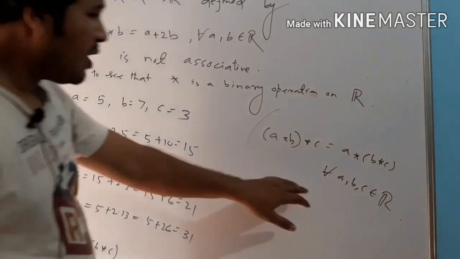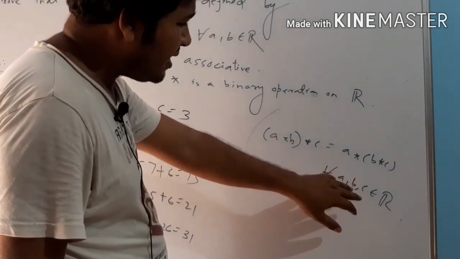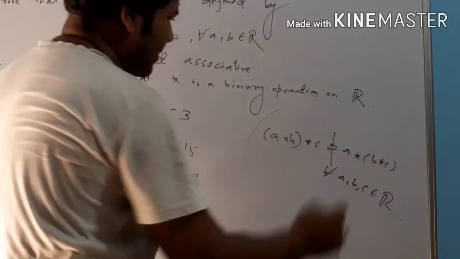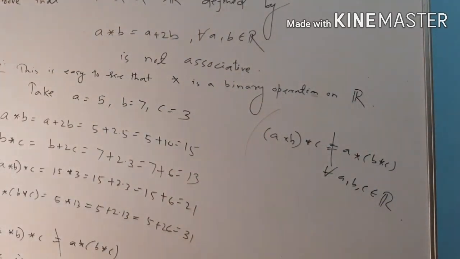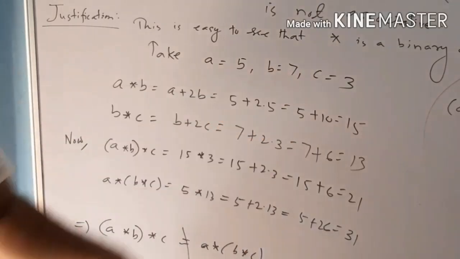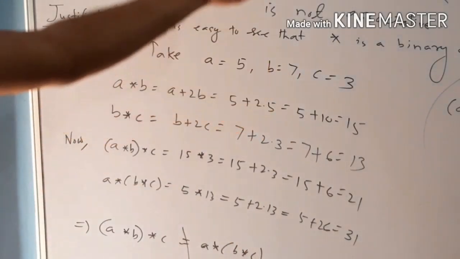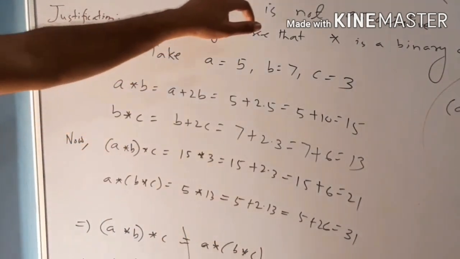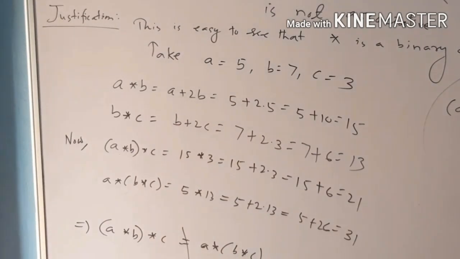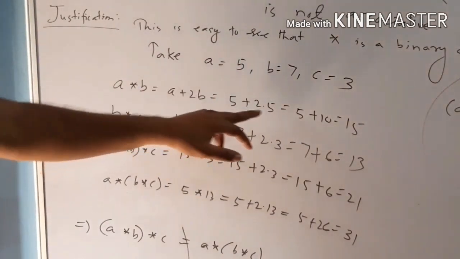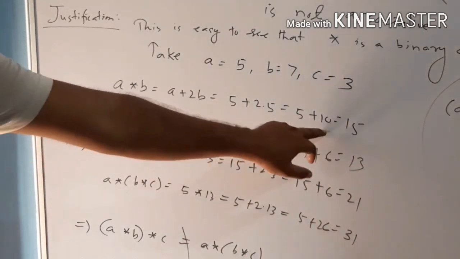So therefore I am able to find three elements from R such that this condition is not satisfied. So I have taken A equal to 5, B equal to 7 and C equal to 3. Three elements belong to R clearly. So now what is A star B? By the definition A star B equal to A plus 2B. So my A is 5, 2 has to be there by the definition, and B is 7. So 5 plus 14, that is 19.